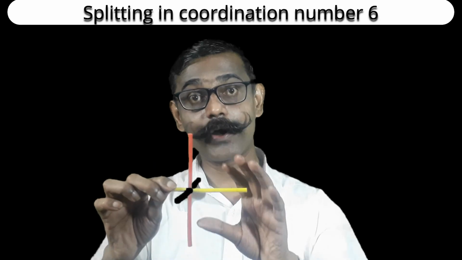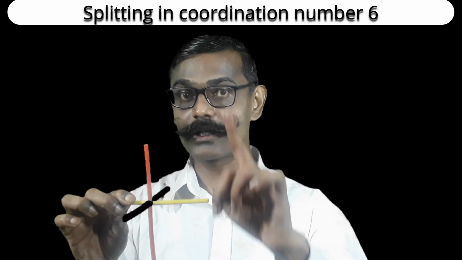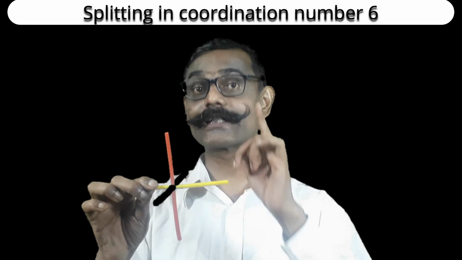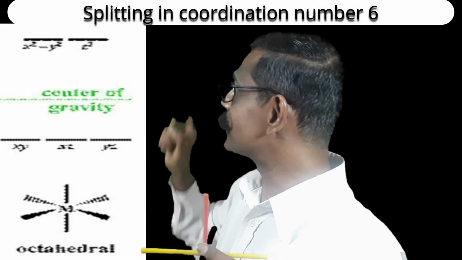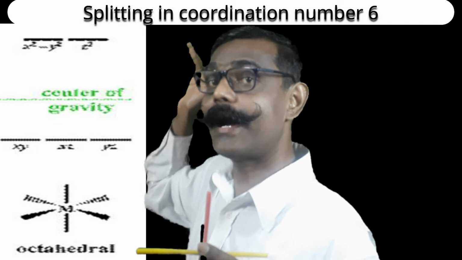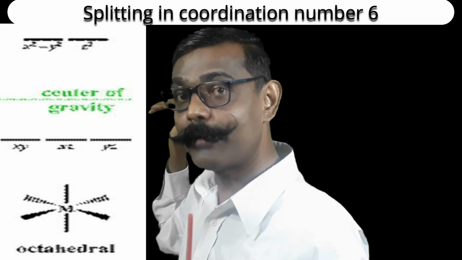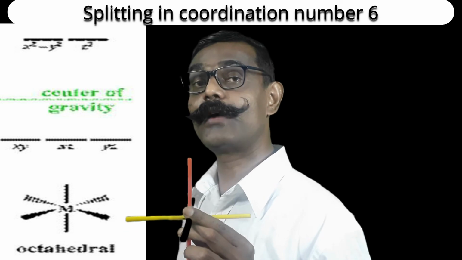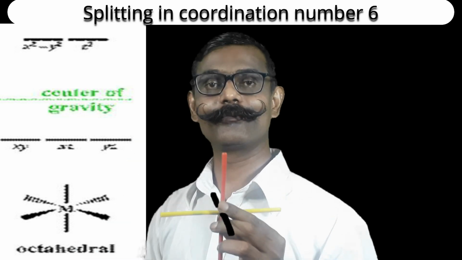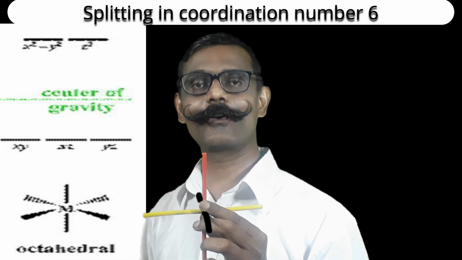Therefore, because of strong interaction, the energy of those axial orbitals dz square and dx square minus y square will increase. See the energy level: dz square and dx square minus y square are of higher energy. And in order to maintain the barycenter the same, the energy of dxz, dyz and dxy is lower. That's the splitting in octahedral complexes.